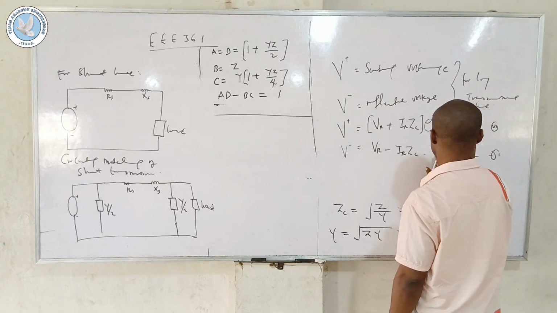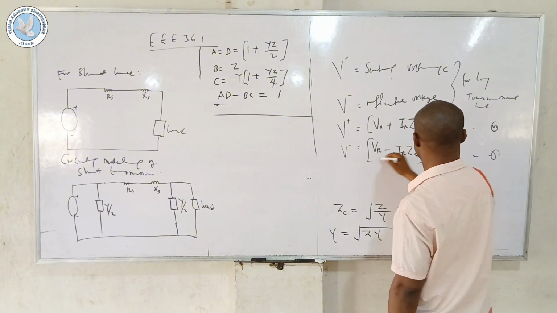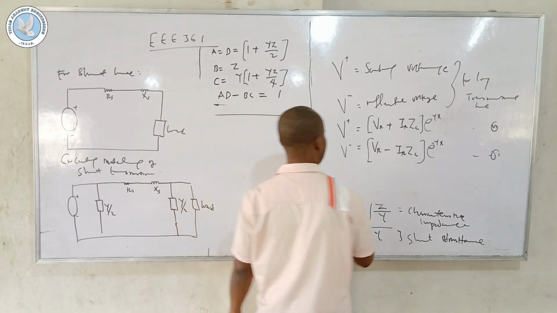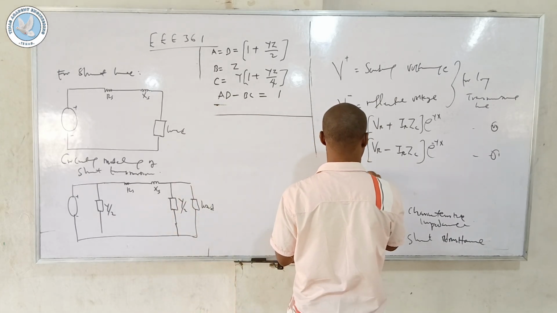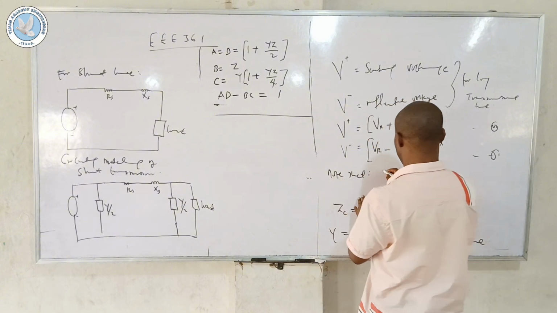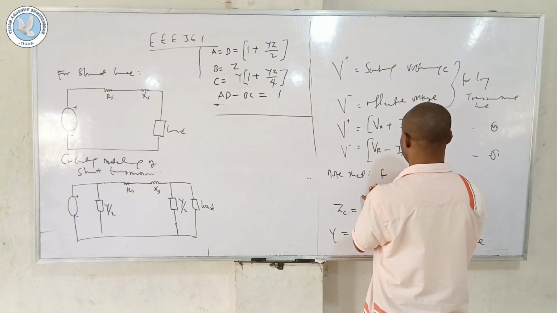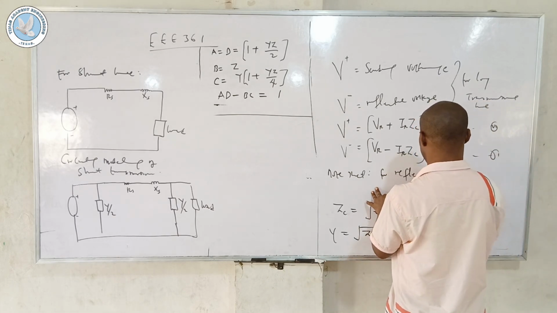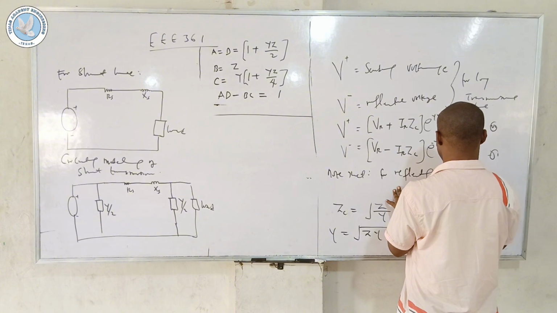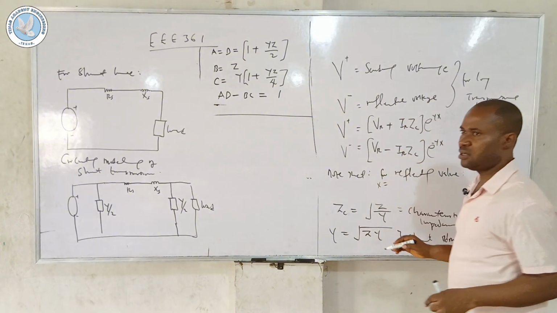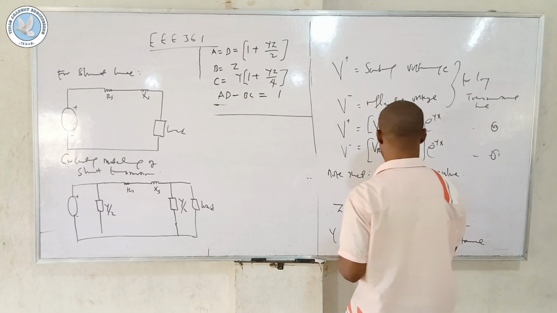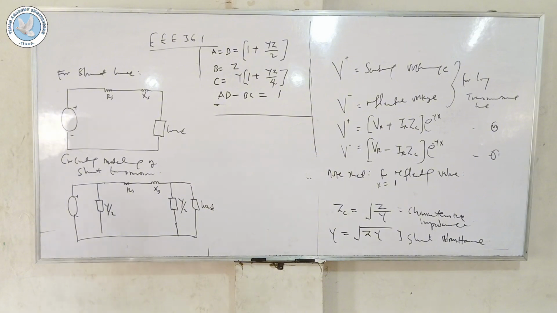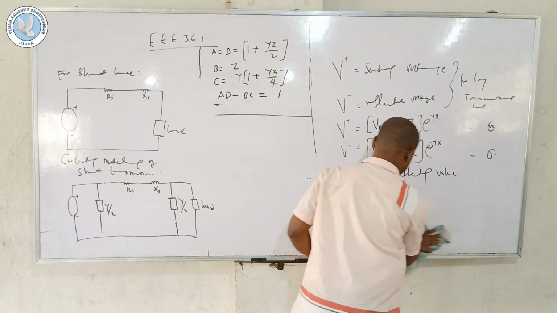Also note that for reflecting values, your x is 1, and also for sending your x is 0.